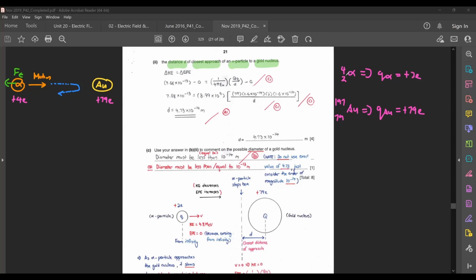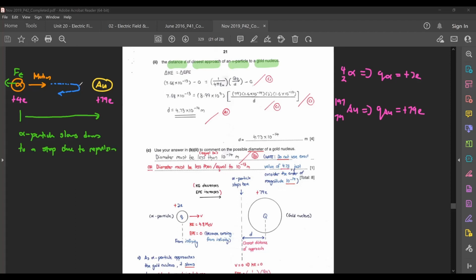Okay, so when you're trying to move from here to here, what you can say is that your alpha particle slows down to a stop due to repulsion. Okay, so you eventually slow down to a stop.